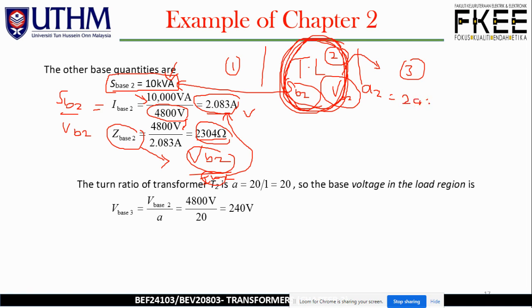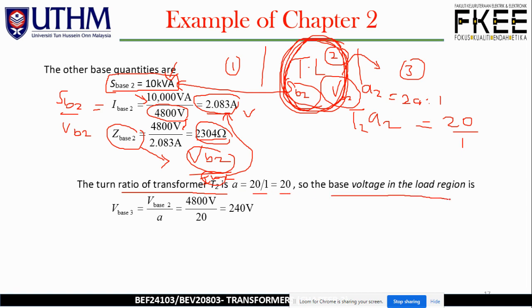It is actually a step down transformer. So A2 equals 20 over 1, the turn ratio of the transformer T2. So A for T2 equals 20 over 1, equal to 20.